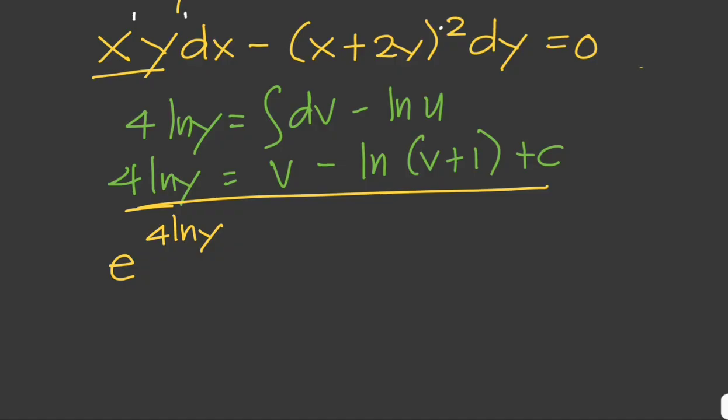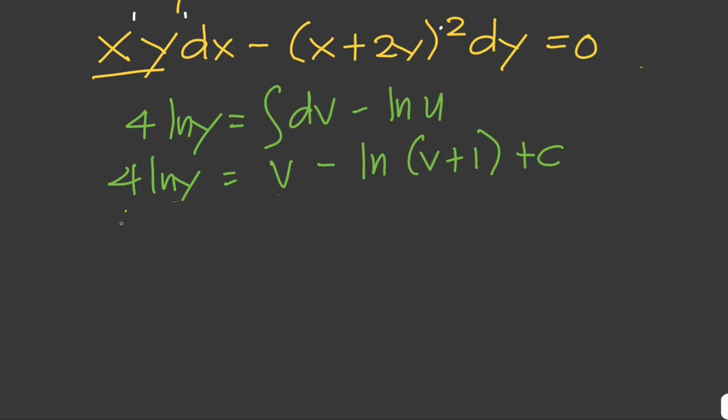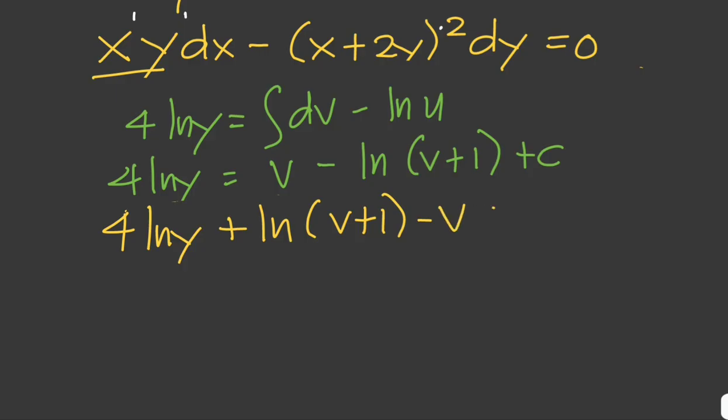Okay, hold on. Let's just write everything. I'll put everything on one side. So let's say we put all of the expressions to the left. This would become 4 ln y. We transpose v here and negative ln of v plus 1. So this would become 4 ln y plus ln of v plus 1 minus v equals c.